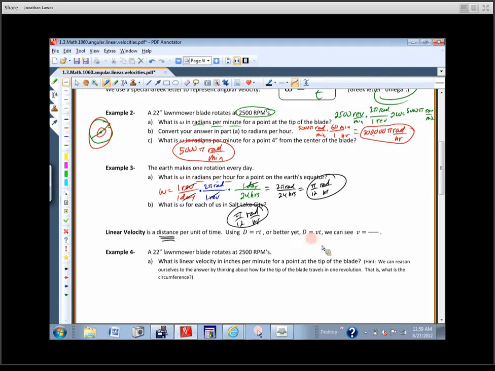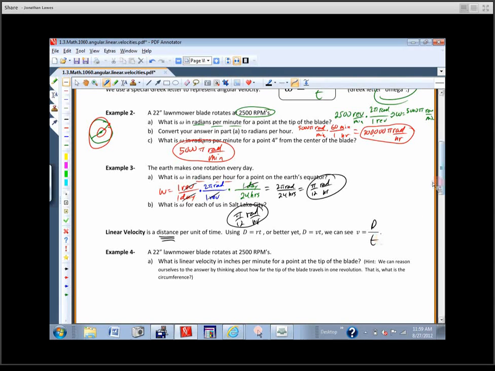So let's talk about distance equals velocity times time. If we solve this for v, well, I just divide both sides by t, I get distance divided by time. So in order to figure out a linear velocity, you need to know how much distance you've covered, divide that by how much time it took you to cover that.